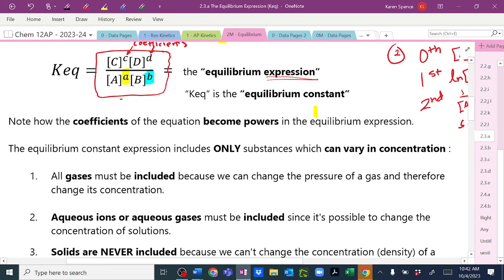Now, the equilibrium constant includes only substances that can vary in concentration. Please tell your partner things that do not vary in concentration. What types of substances do not vary in concentration?